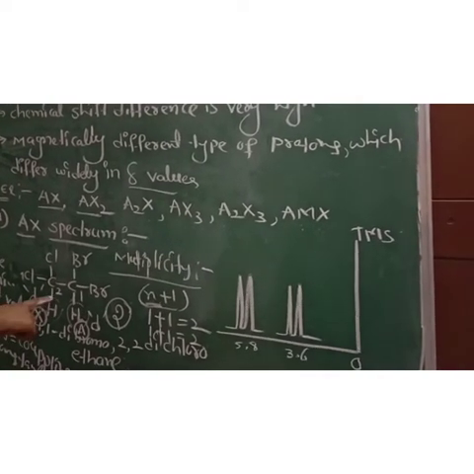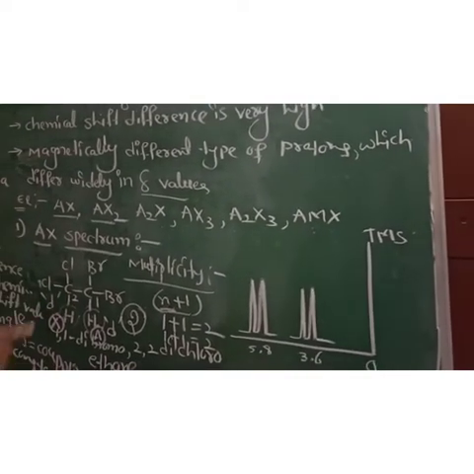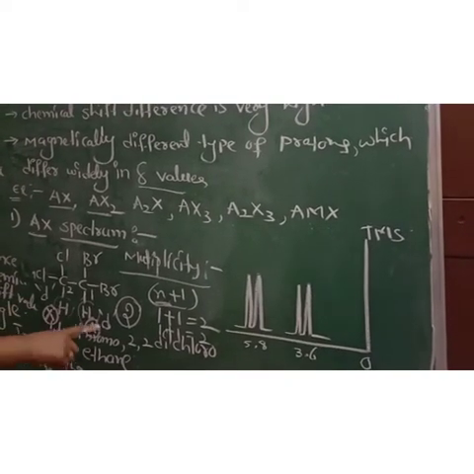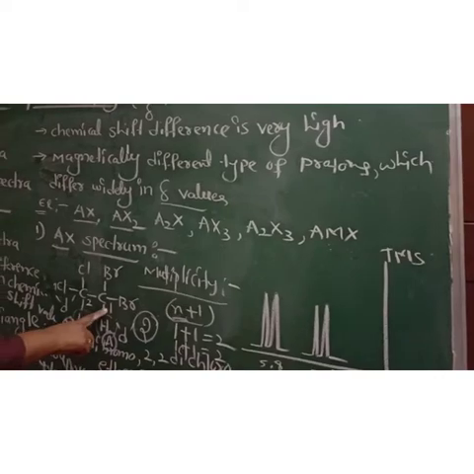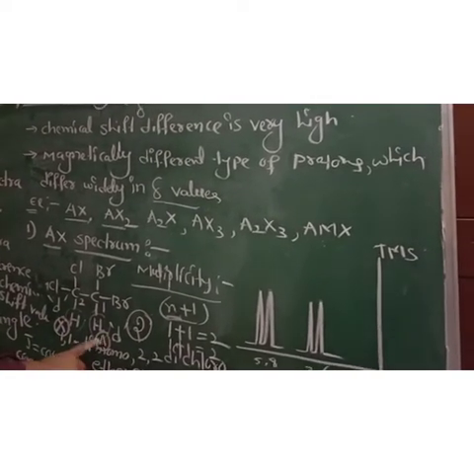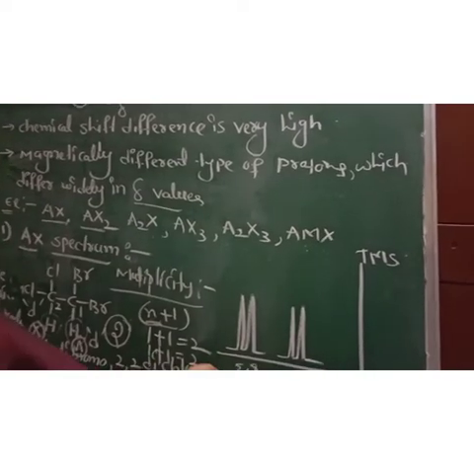So this molecule gives two signals, and the two signals couple with each other and give one doublet for one type of proton and another doublet for the other type of proton, like A and X type. So let us see the spectrum.